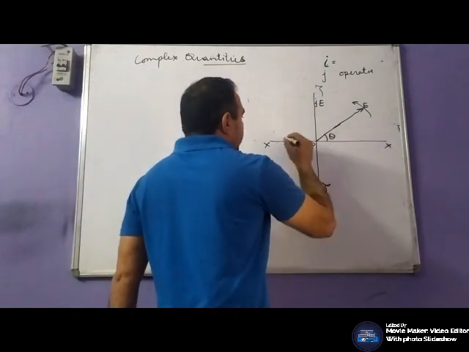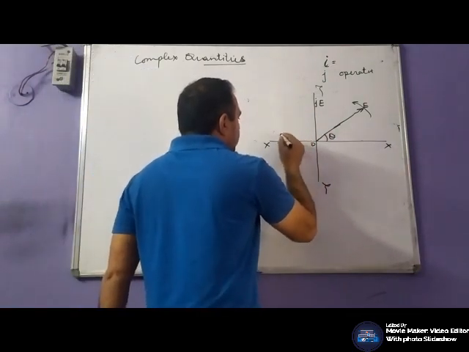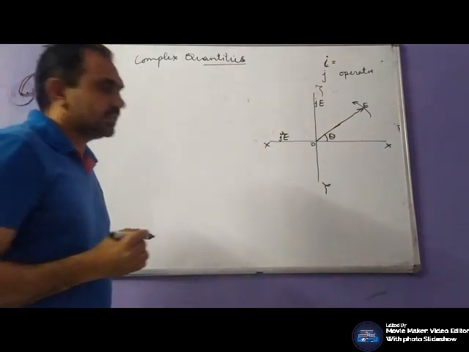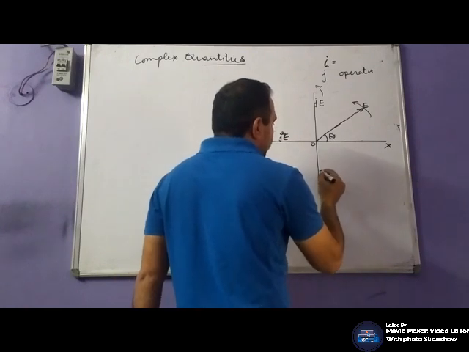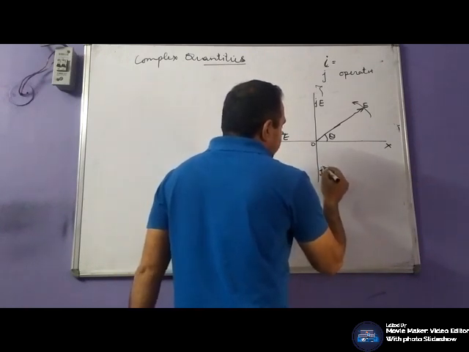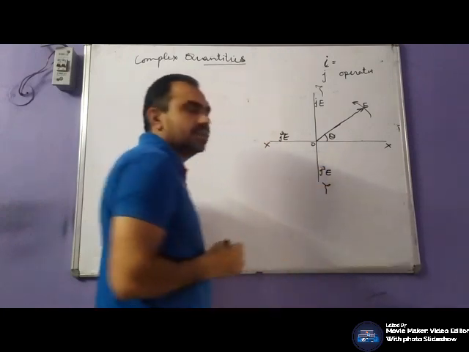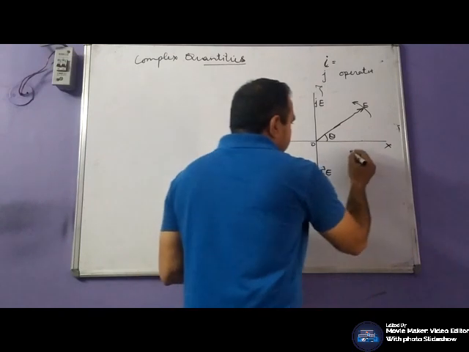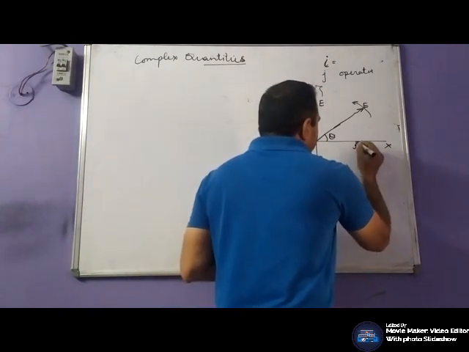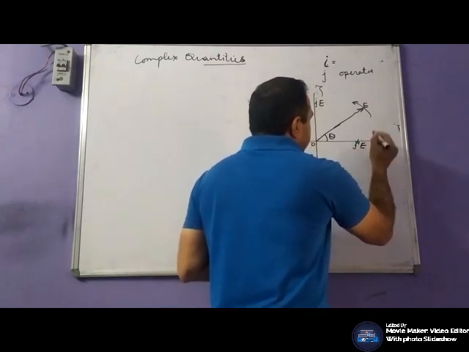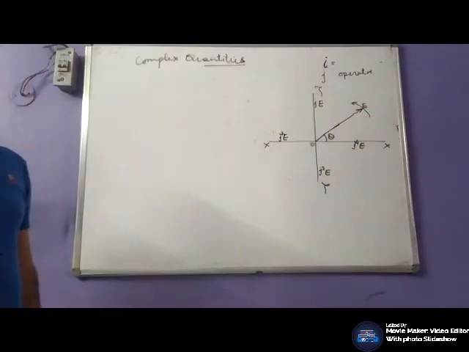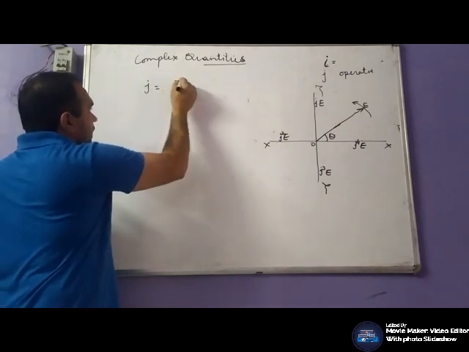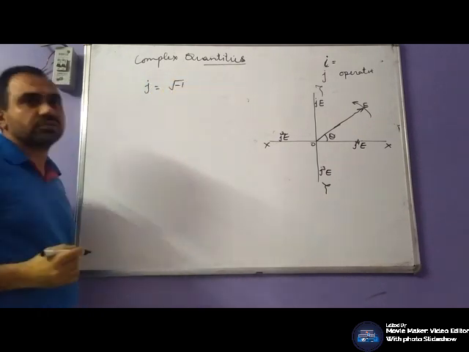If further rotated by 90 degree, it would be multiplied with j square E. Further rotated by 90 degree, again multiplied with j square into j. Further rotated by 90 degree, the value of this alternating quantity is j for E, and value of this j or your iota is minus root 1.